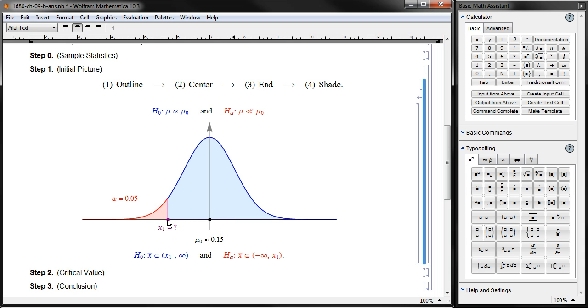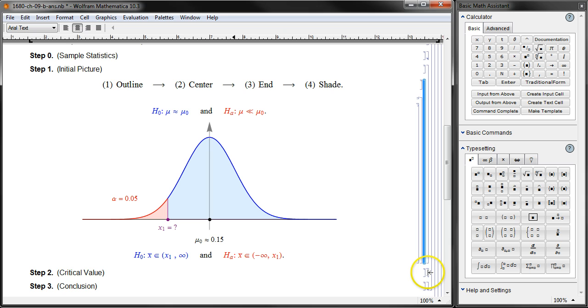And where do we have the observed proportion of 24 out of 217, about 11% or so? Does it fall into the null region, blue, or the alternative region, red? Close enough to null or too far away? That's going to be your decision making once you find out this critical value of x1.